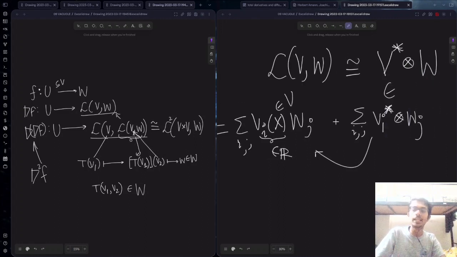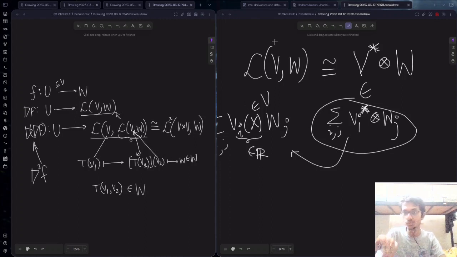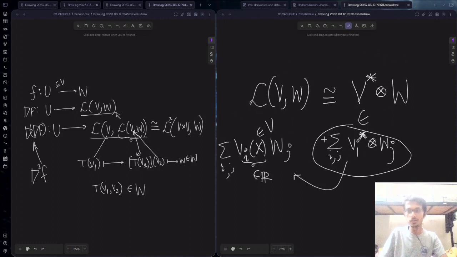So a typical element of this form is mapping on a typical element here, and I can also show that this doesn't depend on any basis, I think. So yes, this is pretty much a canonical isomorphism.